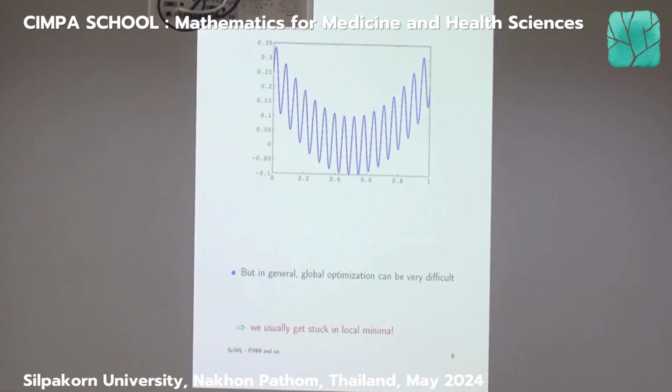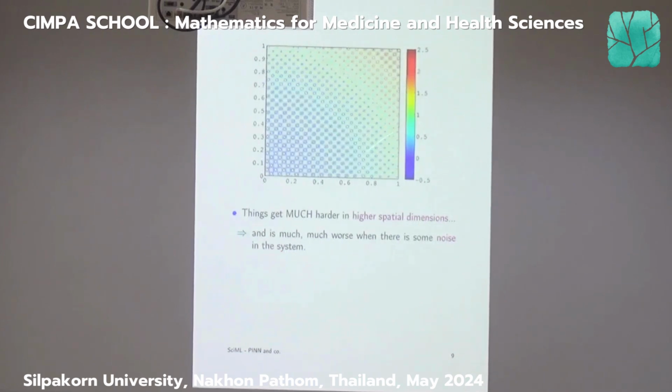Reality doesn't mean the same thing in higher dimensions. The space of independent variables is of dimension big N, and big N can be 100, 1,000, a million, etc. So what happens here, if we don't do a good job of optimization, we get stuck in some other local minimum. And when we go up to higher dimensions, this is just a 2D function.